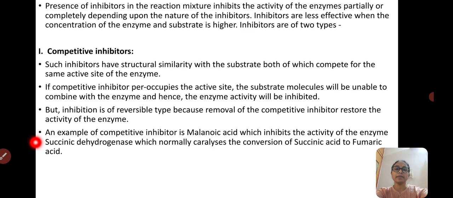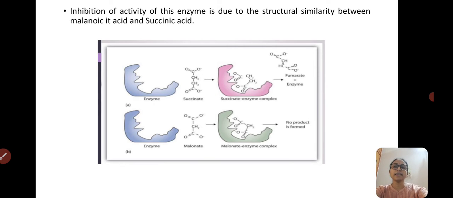Example, the malonic acid, which is going to have the same conformation with that of the substrate for succinic dehydrogenase.